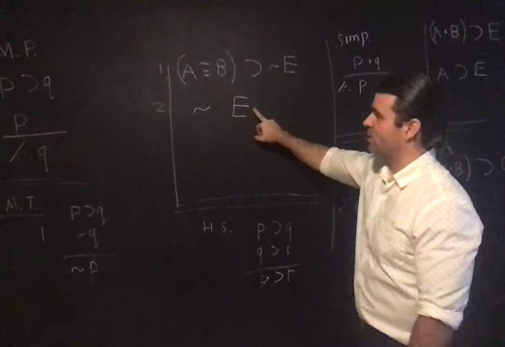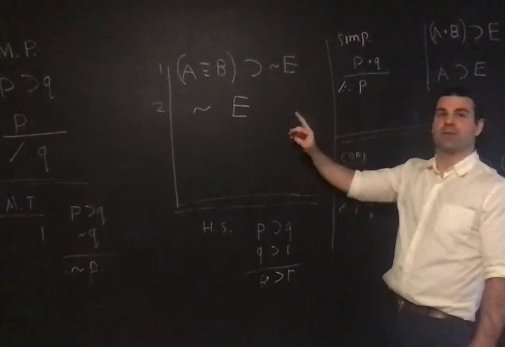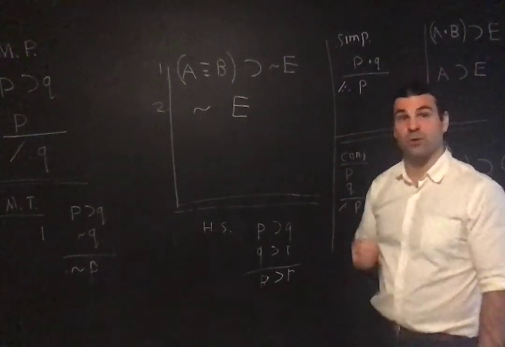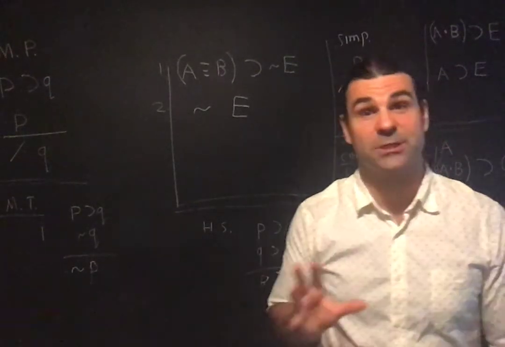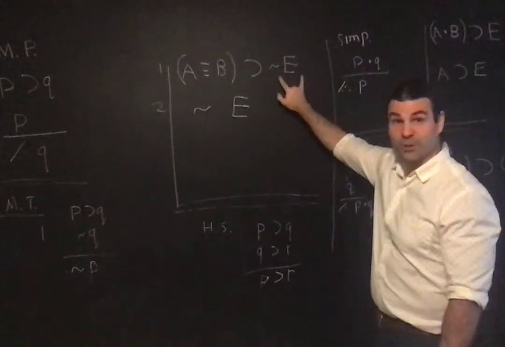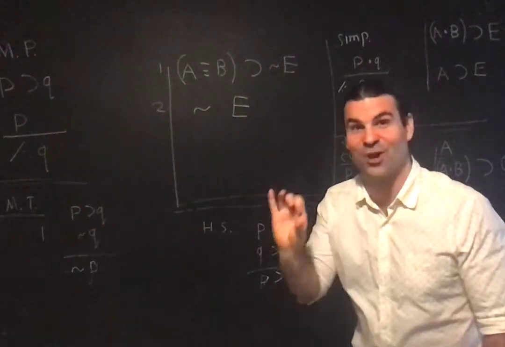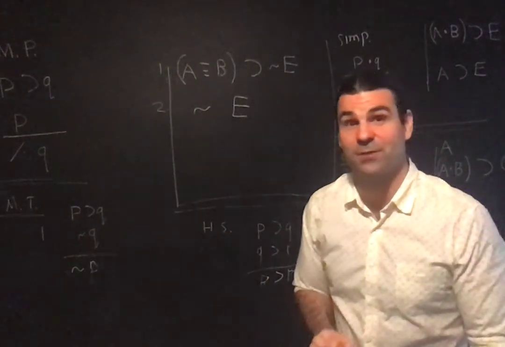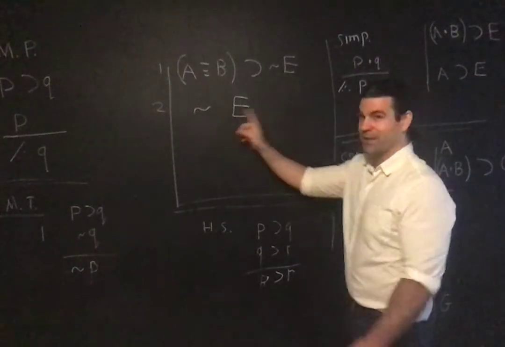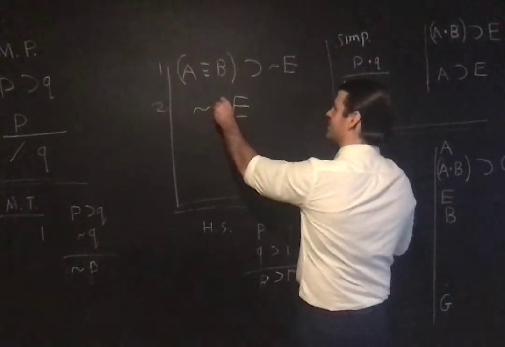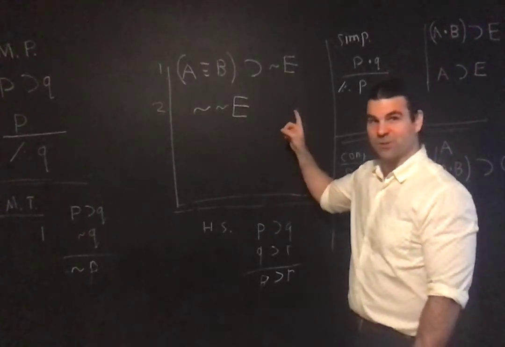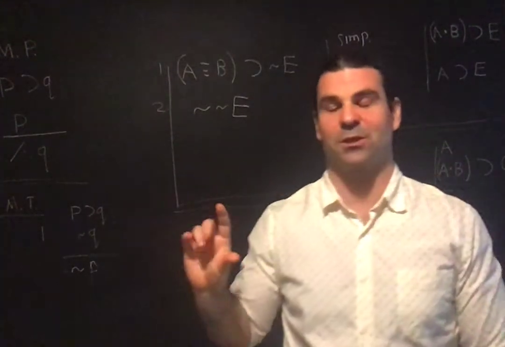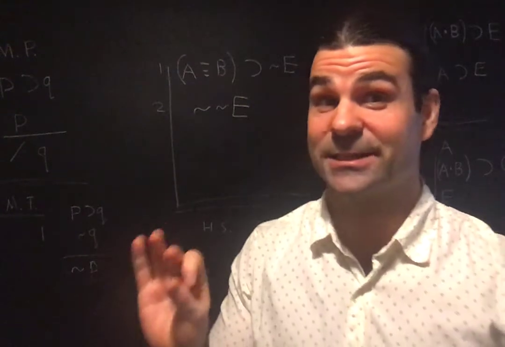And what do I need for modus tollens? You need to have the conditional and the negation of the consequent. Question, answer this: do I have the negation of the consequent? The answer is no. The consequent is not E. What's the negation of the consequent? It isn't this, it's not not E. A lot of silly mistakes are made by not attending to negations.